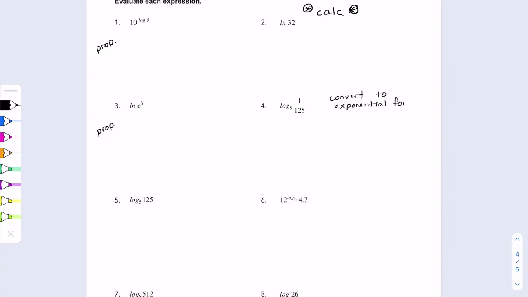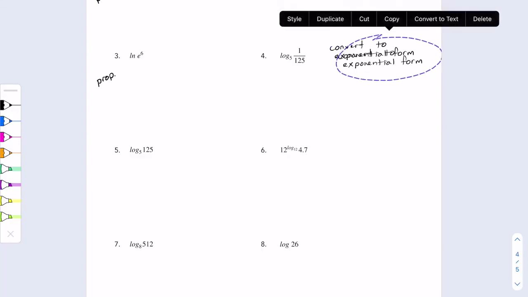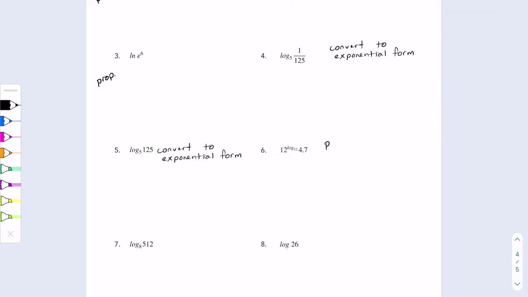So this is just like the first example set. Same thing for number 5, so convert to exponential form and solve for number 5. For number 6, we're going to look at a property, so evaluate that using property 1 through 4.